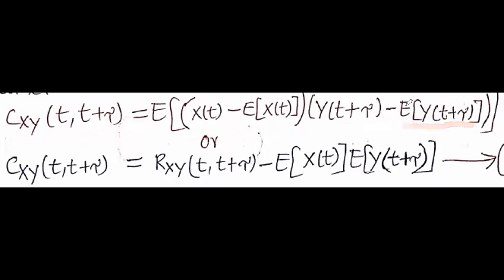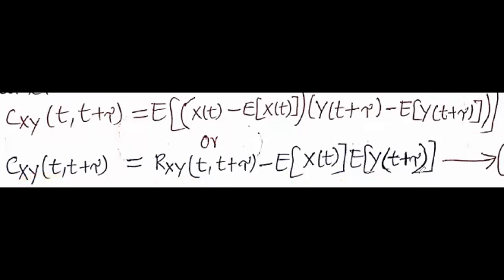Or it can be represented as Cxy of t comma t plus tau equal to Rxy of t comma t plus tau minus E of X of t times E of Y of t plus tau.